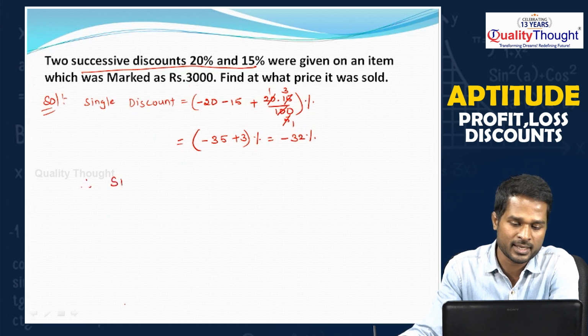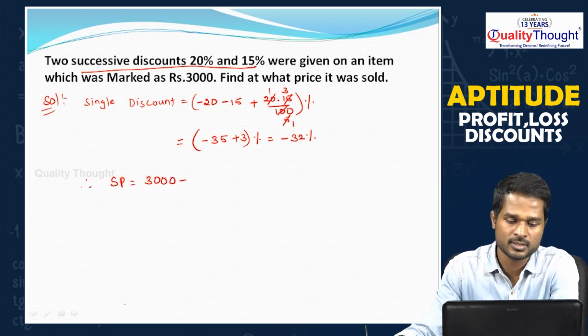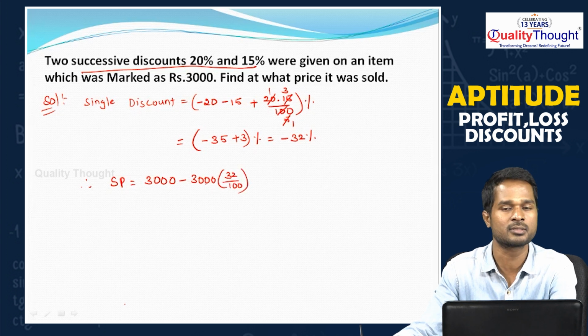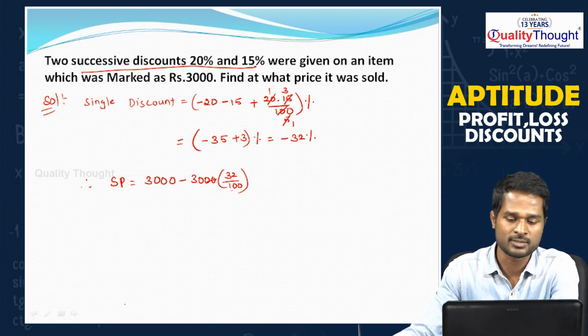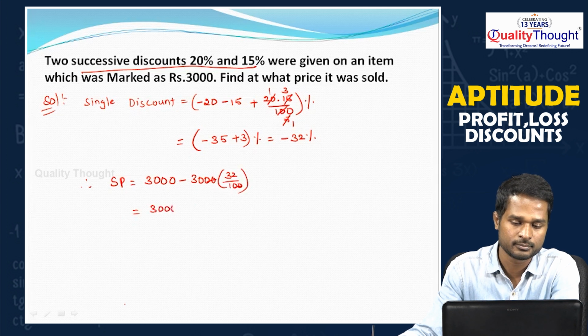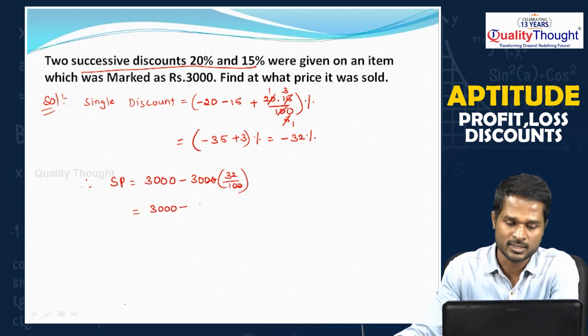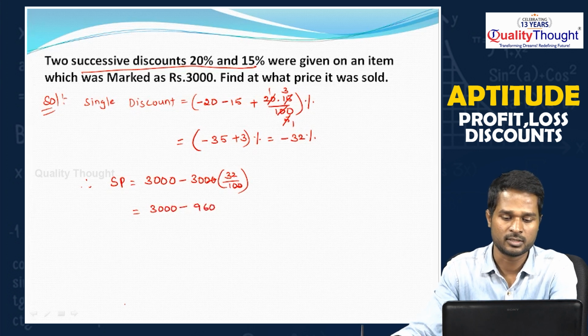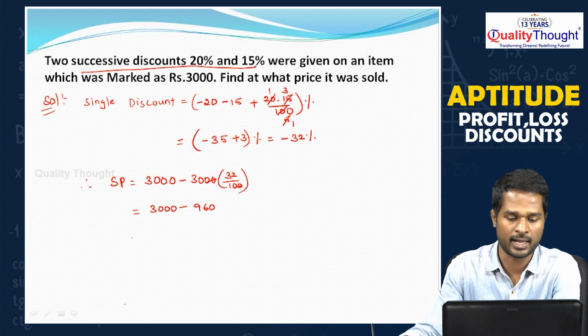So the market price is 3000, and on this 3000 there is a discount of 32%. Discount, take it in minus. Zeros will cancel, so this is 3000 minus 960. See, 3 twos are 6, 3 threes are 9, add another 0 there.